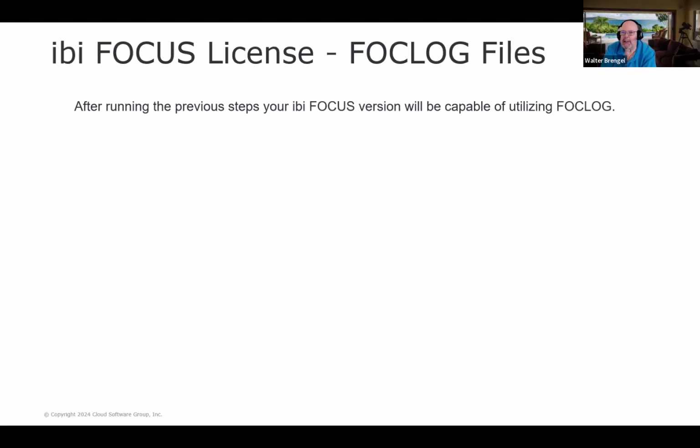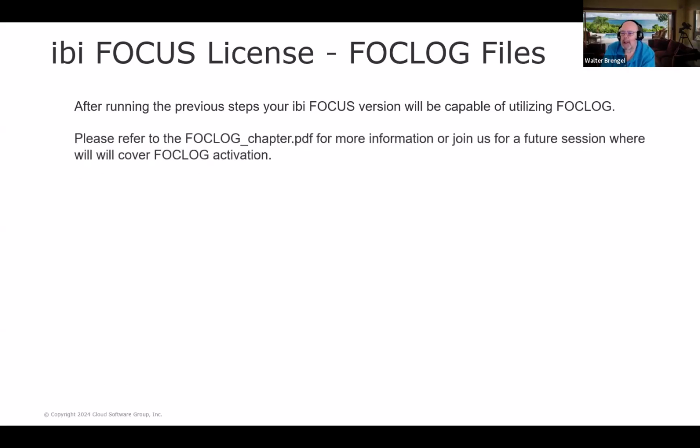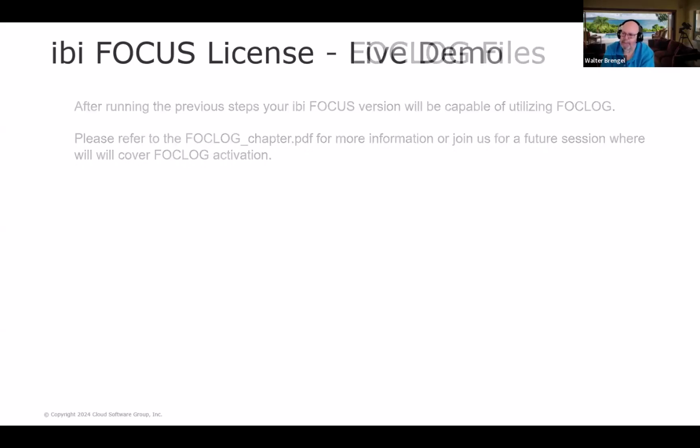For version 7.6.1 and higher, FOCLOG is already built into the product, so you won't have a JCL site step to run. Please refer to the foclog chapter.pdf for more information or join us at a future session.